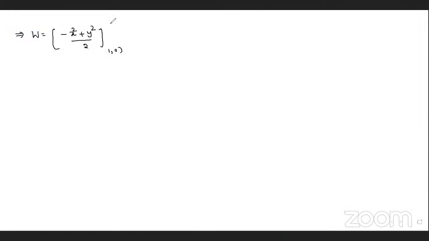First substitute the upper limit. In place of the x coordinate that is 0, the y coordinate is 1. Substitute here. So first x coordinate 0 minus 0 square plus 1 square by 2. Upper limit is over. Minus the lower limit I am substituting here.